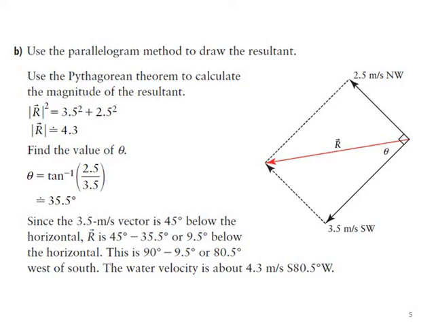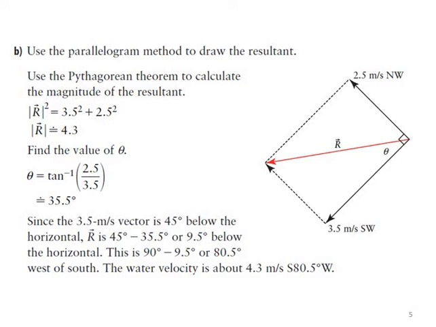So let's find the value of theta. Theta is going to be inverse tan of 2.5 divided by 3.5. So that will be 35.5 degrees. Since the 3.5 meters per second vector is 45 degrees below the horizontal, R is going to be just 45 minus 35.5, which is 9.5 below the horizontal.